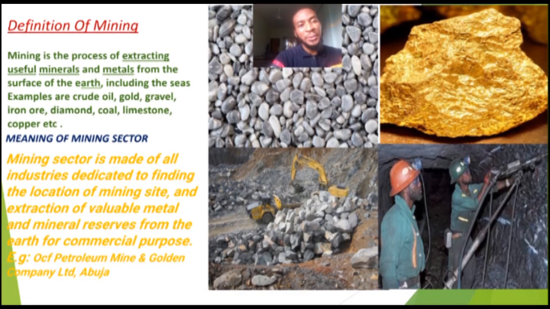So it means to dig out or to draw out or to drill out minerals from the earth's surface or from the sea. You could draw out diamond from the sea, gravel. Gravel is the little stones you see on the screen, etc.